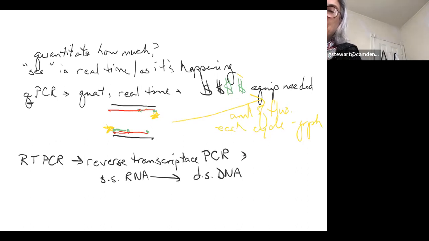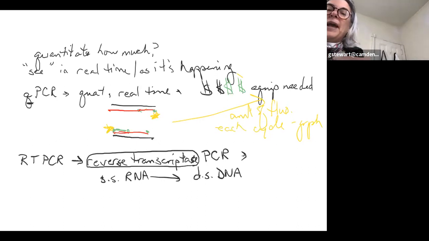This enzyme is an enzyme that has been isolated and purified. That's an -ase from HIV, right? Or a herpes virus, I think it was. So this is getting us to that sort of cDNA in a quicker way.